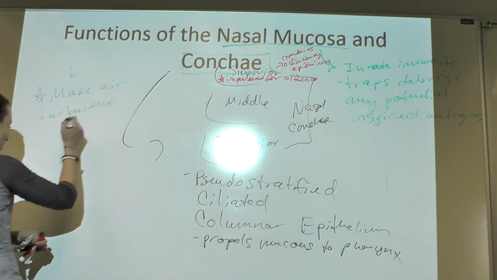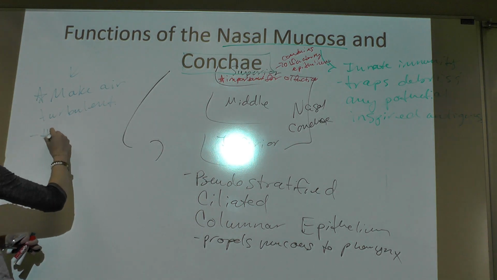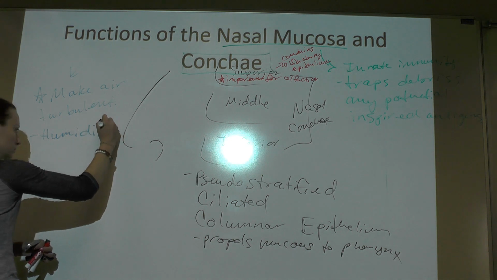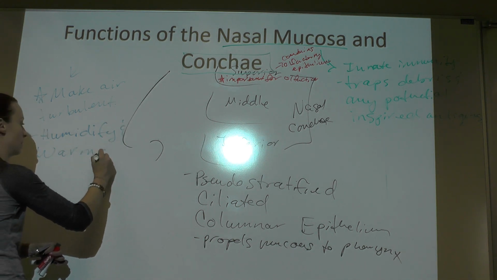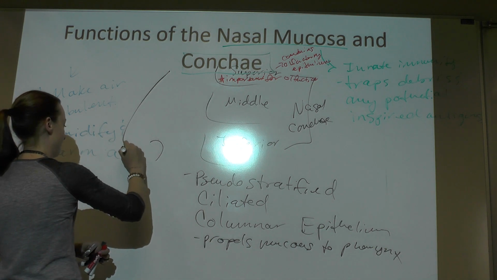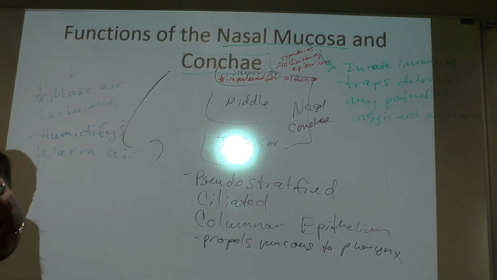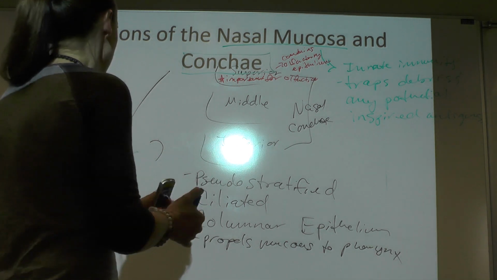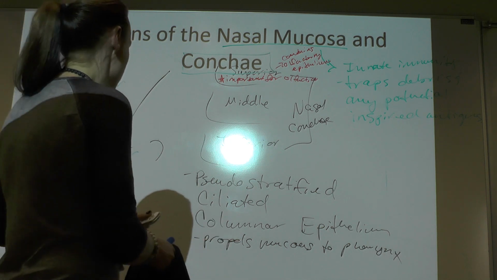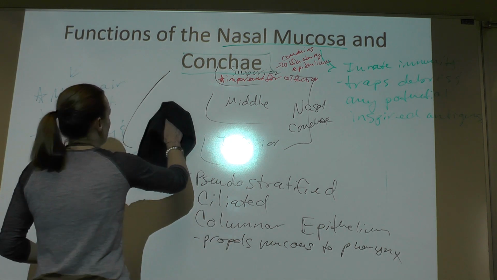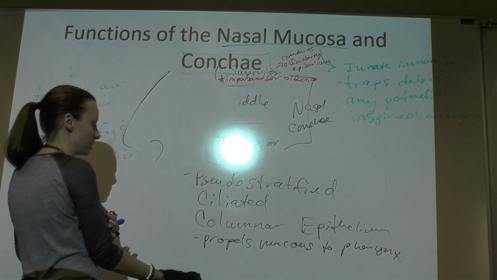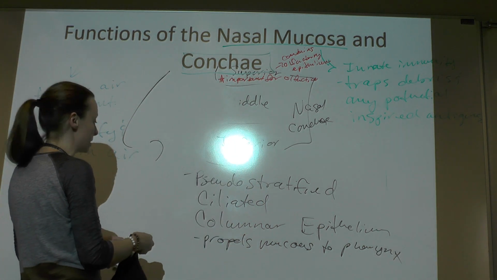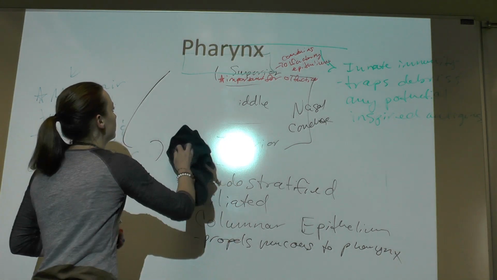So we'll make our air turbulent, and we're going to humidify and warm the air. So those are the important functions of the nasal mucosa and nasal concha. Be able to identify these on models and name their functions.